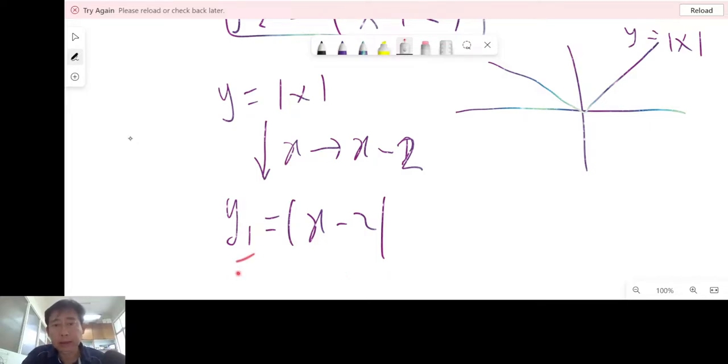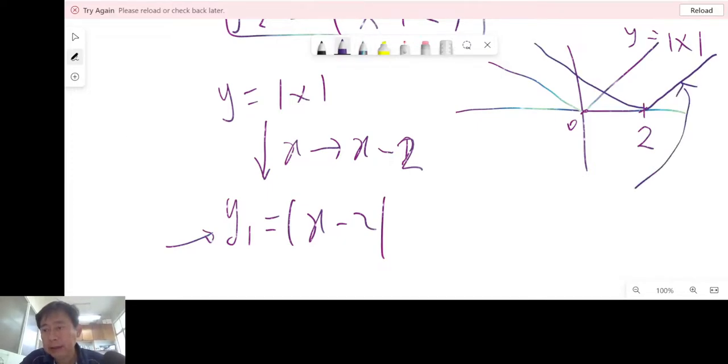Every single value of y is the same, except that the x values are shifted point by point to the right by 2 units. The resultant graph y1, obtained by replacing x by x minus 2, is just this. Maybe I draw it with a different color. It's just this. Okay, so that is the function y1, which is x minus 2.